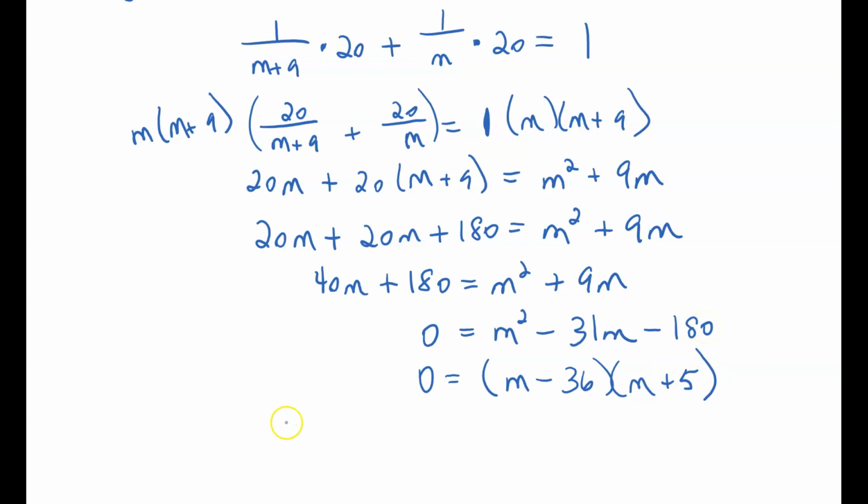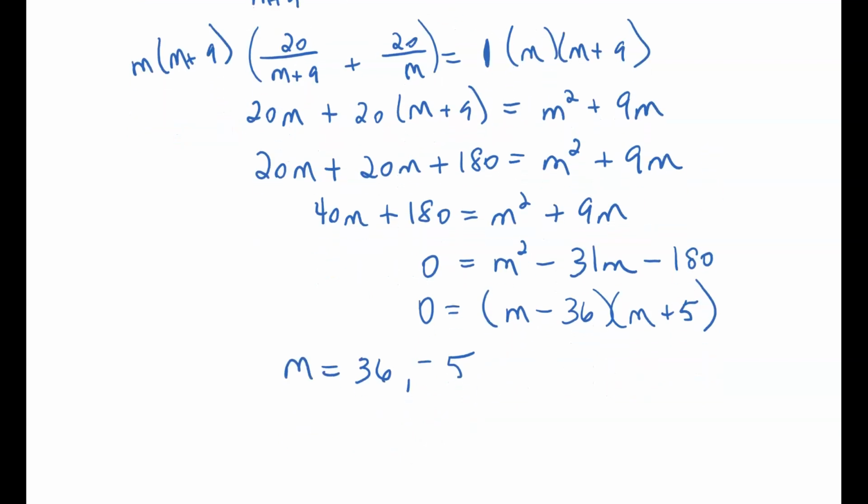Okay, which means what does m equal? 36 and negative 5, except what does m represent here? It's Mort's time. Okay, well, and can Mort's time be negative 5? No, it can't be. So it can't be this.